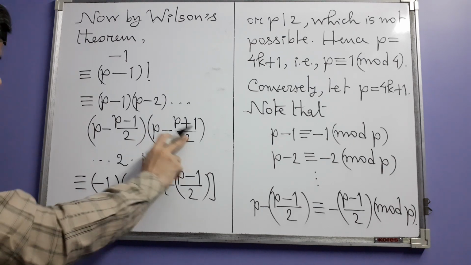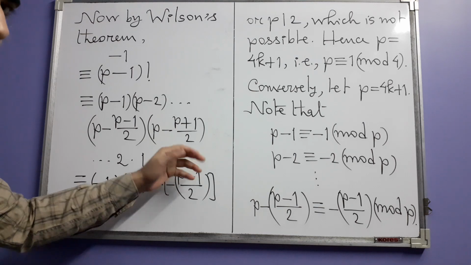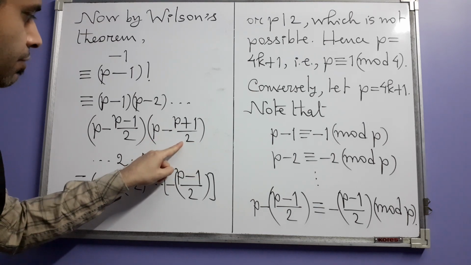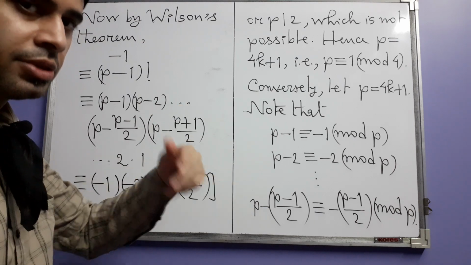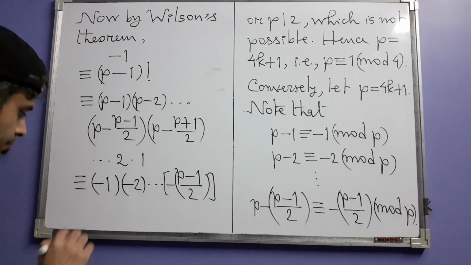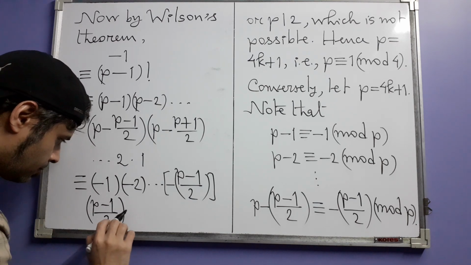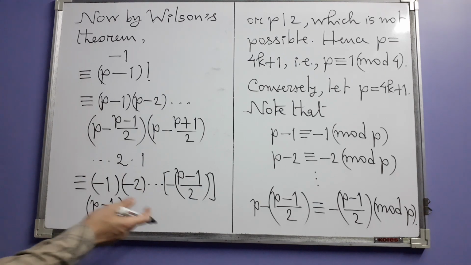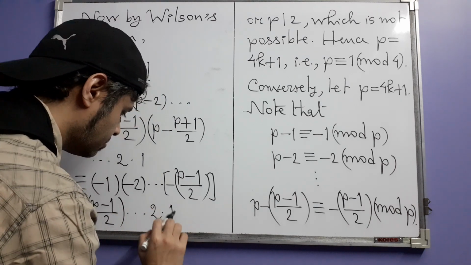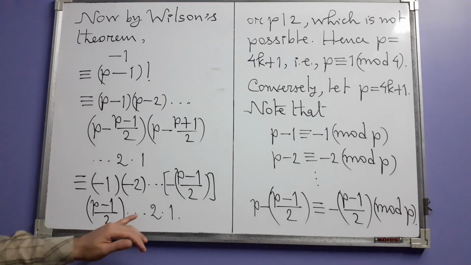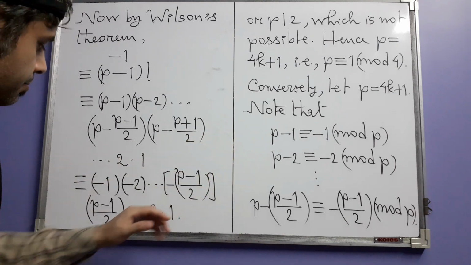Now what is this actually? If I do the calculation here, it will be 2p minus p minus 1, that means p minus 1 divided by 2. And then of course the next factor comes, and eventually we have 2 times 1. If you want, you can write one more factor here.